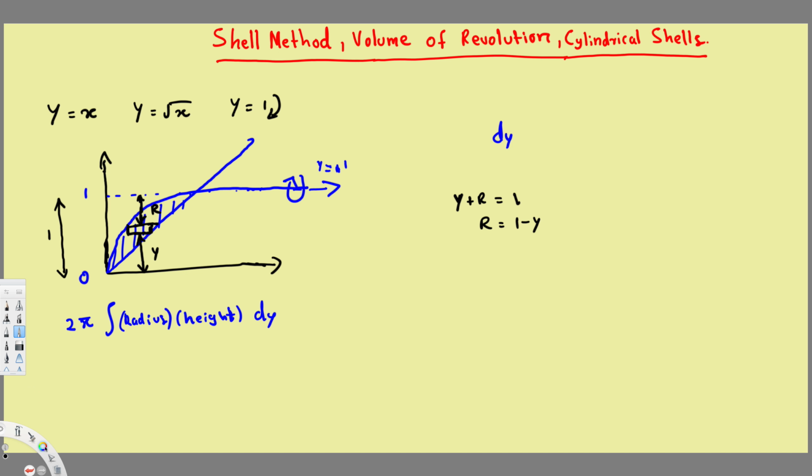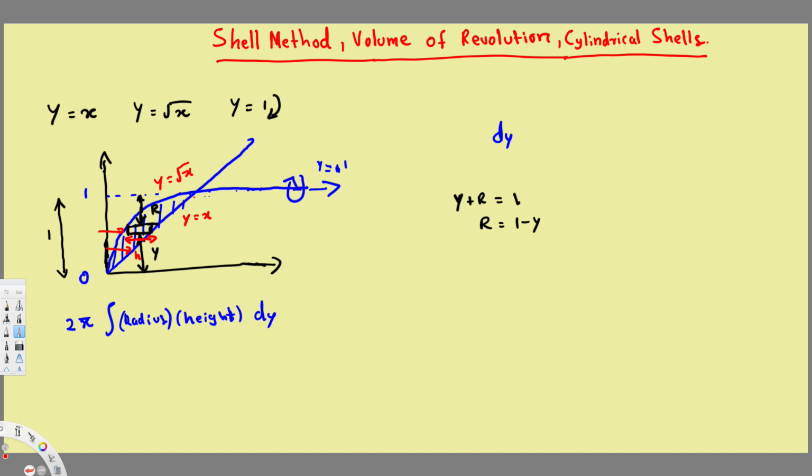And we have to find the height. Height is basically the length of this one. To calculate it, we go outer region minus inner region, and that's going to give us this length. The outer region is the line y is equal to x, and the inner region is y is equal to root x.